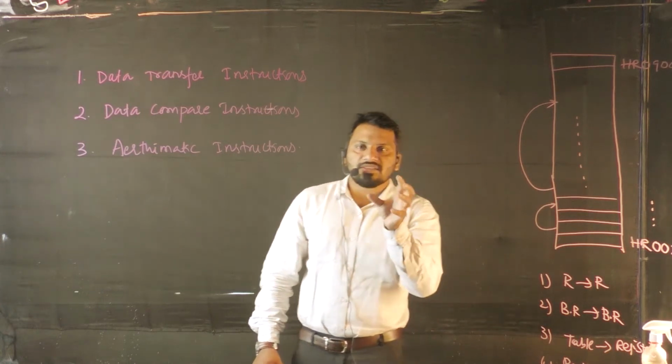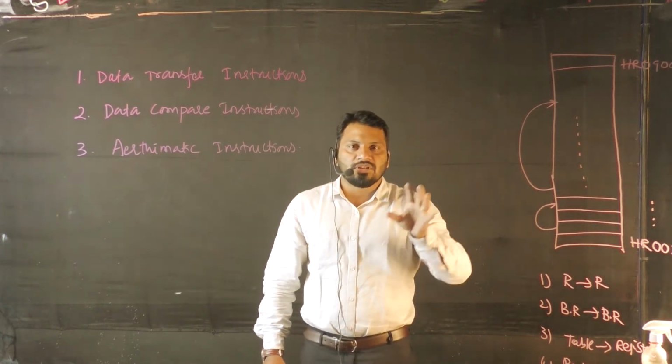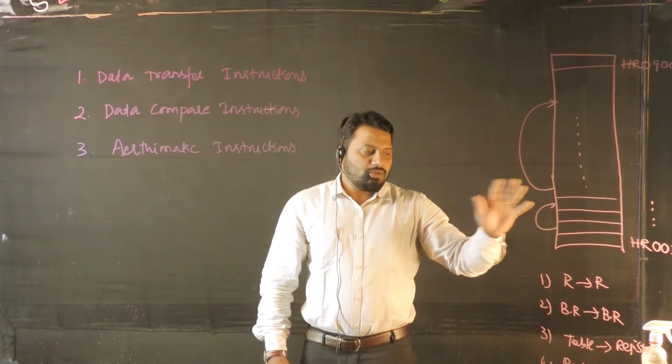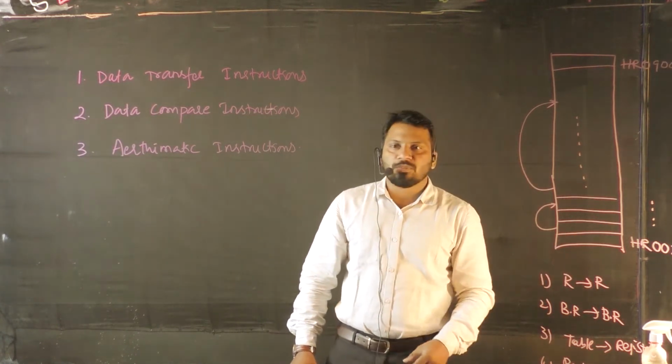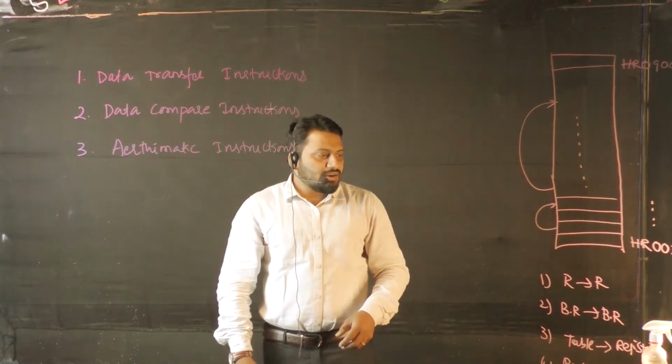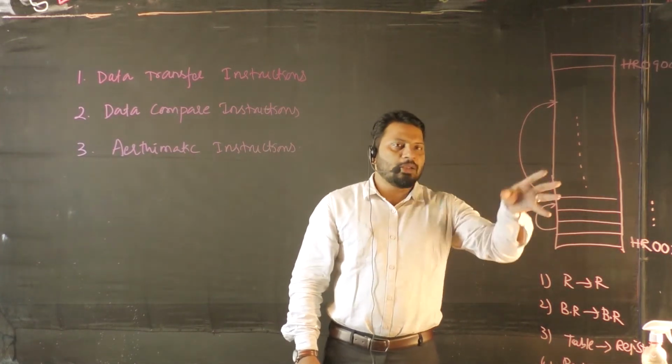The fourth case is one register's data being moved to sequential locations in the table. So these are the 4 possible combinations of data transfers that take place in PLC.